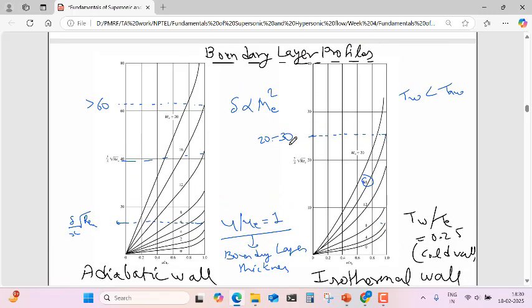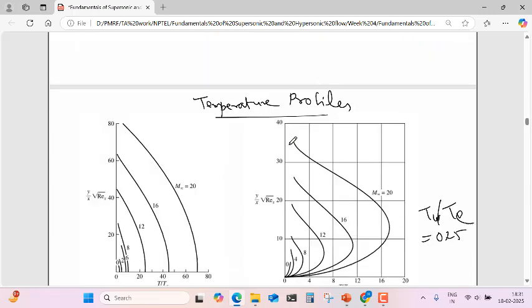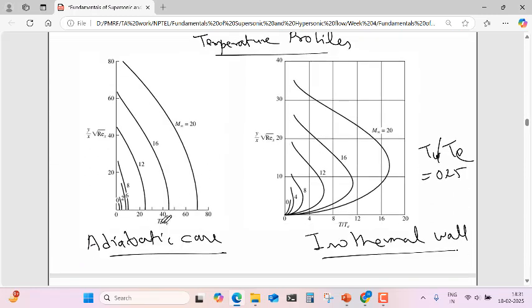And the reason for this is that I will show one profile. These are the temperature profiles for the same Mach number. The adiabatic wall has the higher temperature. Here you can see the temperature is greater than 40, and here the maximum temperature is between 10 and 12.